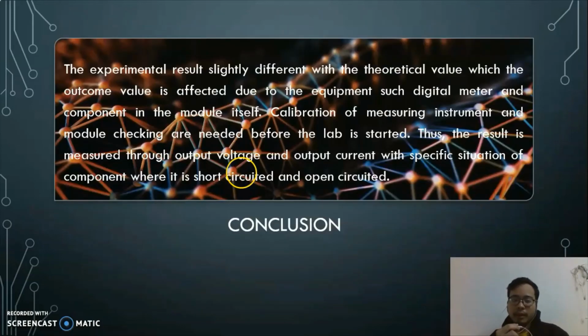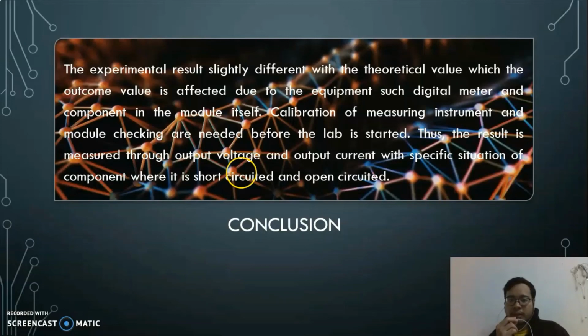Okay, lastly, for the conclusion of this lab session, the experimental results are slightly different from the theoretical value, which is affected by the equipment such as the digital meter and components in the module itself, due to miscalibration or something else.